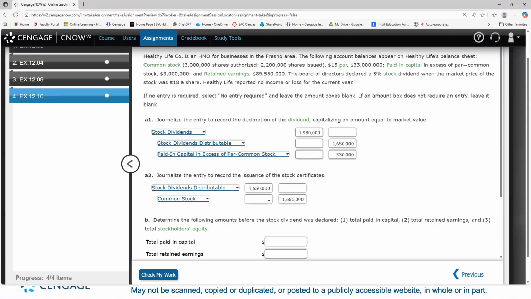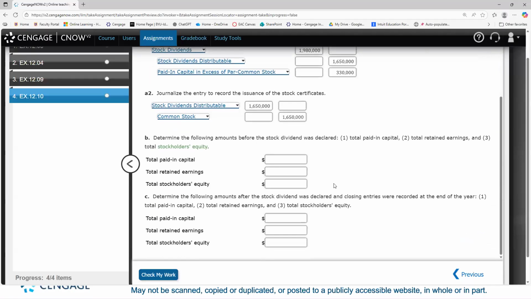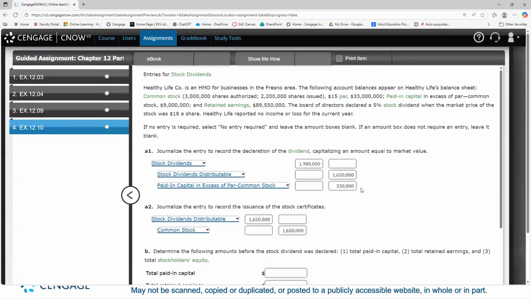All right. Determine the following amounts before the stock dividend was declared: the total paid in capital, the total retained earnings, and the stockholders' equity. Before it was done, we had 2,200,000 shares issued, $15 par. So that was 33 million and 9 million.